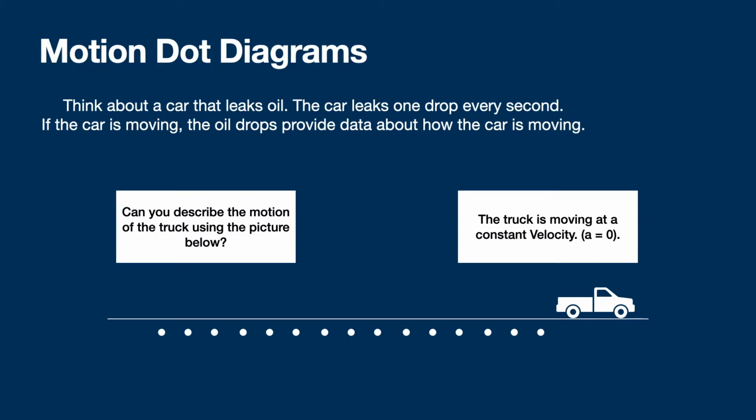So the truck is moving at constant velocity, which means acceleration is 0. So imagine you're moving down the highway, your oil is dripping once every second. If you're not speeding up or slowing down, the spacing between those dots is going to be equal distance.